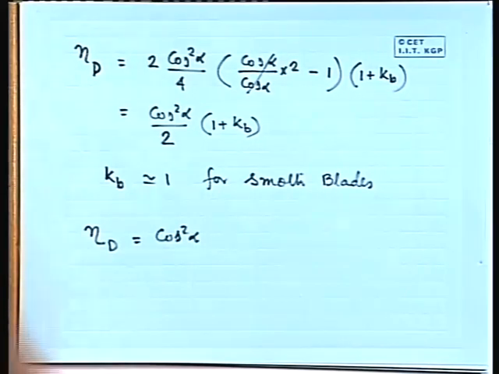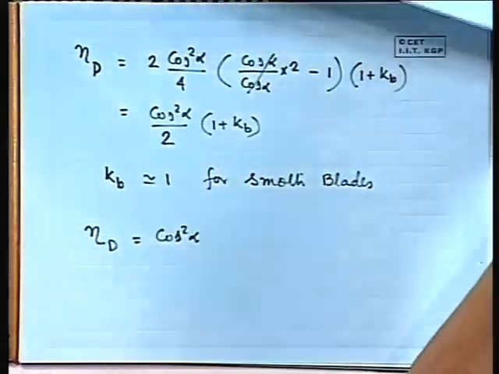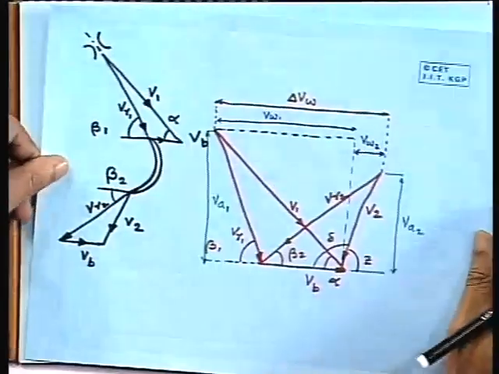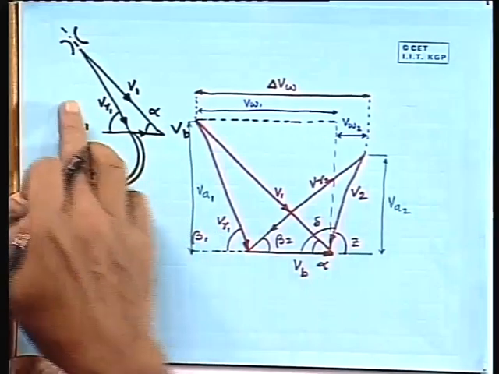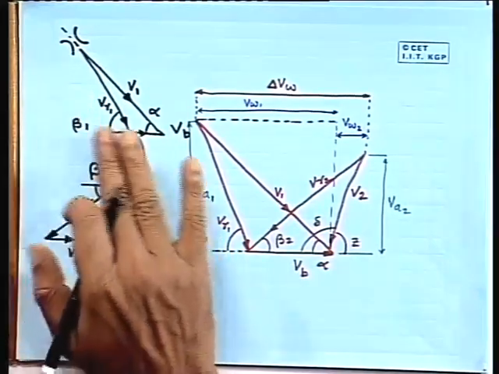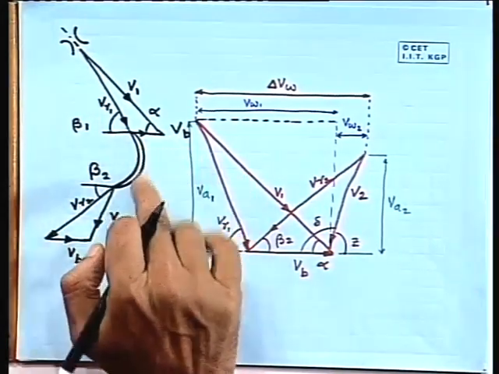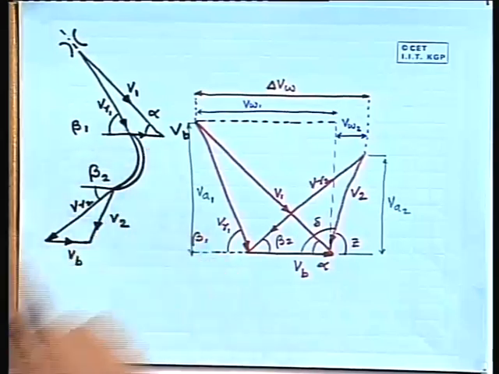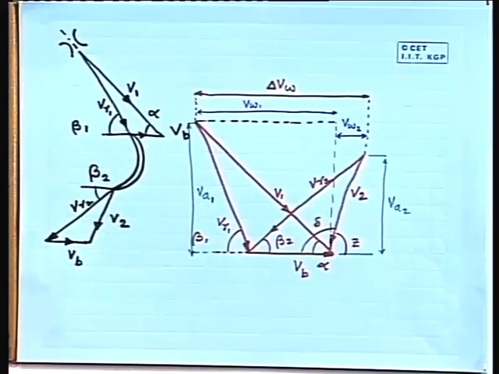Now, let us go back to the diagram. So, you see that efficiency of the blade passage depends on the nozzle angle. So, that is what I told at the beginning, that there are a number of parameters. At the beginning it appears that they are independent of each other.